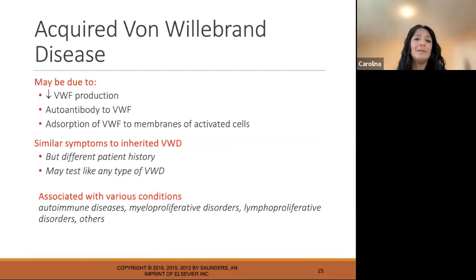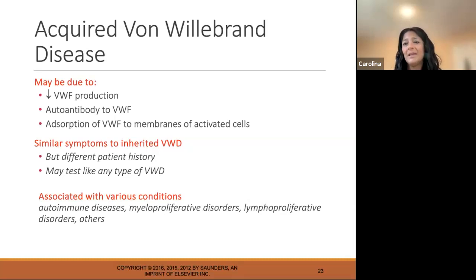And our last condition for acquired bleeding disorders is called acquired von Willebrand's disease. It is a condition very similar to the typical von Willebrand's disease, which is the inherited or congenital form.